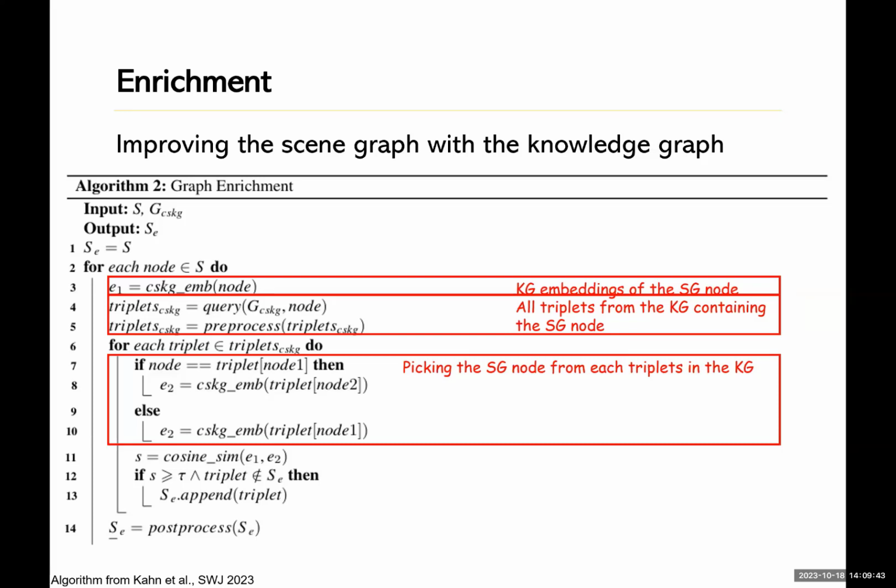So for each of those triplets in the knowledge graph, one of the two nodes in that triplet has to be the same as the node in the scene graph. So this step is just figuring out which one we're going to take.